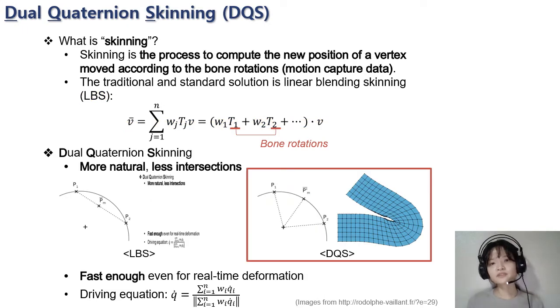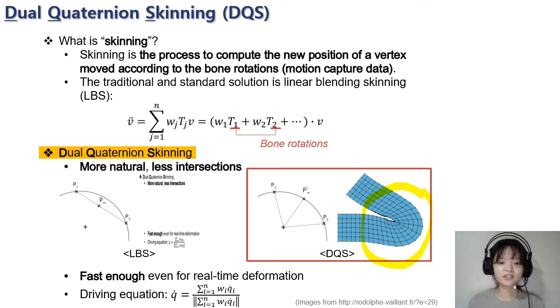Therefore, instead of using the simple LBS method, we adopted DQS, which, as you can see here, causes much less intersection issues. Plus, when it is applied to a human model, its posture can be deformed with a more natural appearance. In addition, because DQS is still a simple weighted summation, it still shows pretty good computational performance.